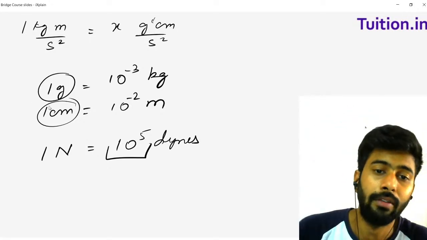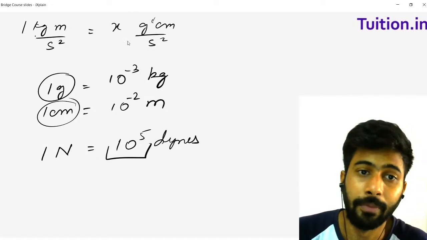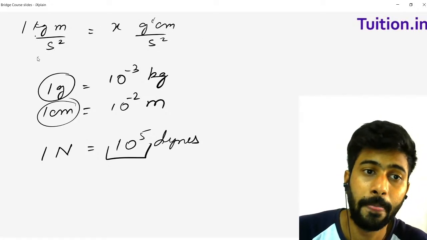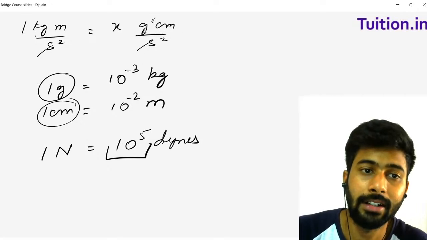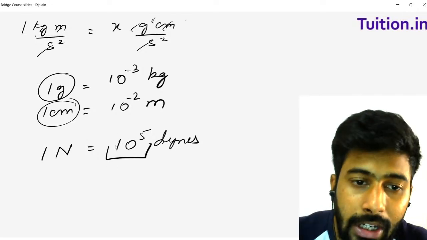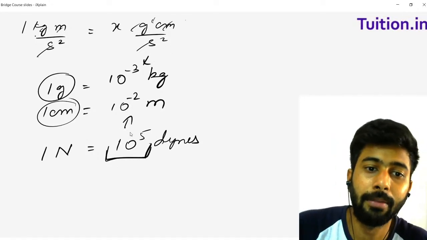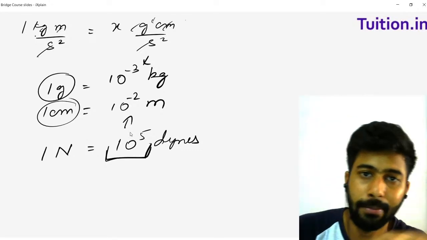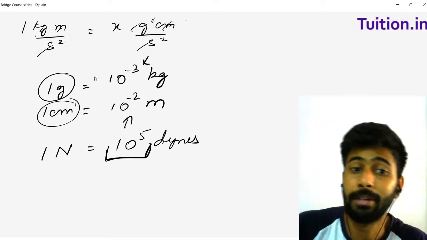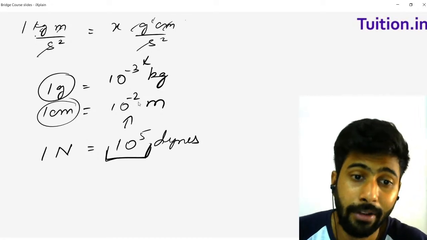Whenever you replace kg with gram and meter with centimeter and carry out the cancellation, the meter and centimeter get cancelled, kg and grams get cancelled, and you are left with 10 power 5, because 10 power minus 3 and 10 power minus 2 multiply to become 10 power minus 5 and go to the other side as 10 power 5. So 1 Newton is nothing but 10 power 5 dynes.